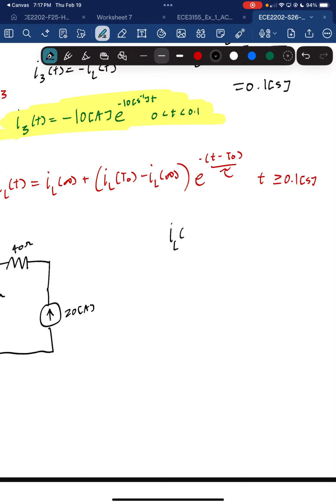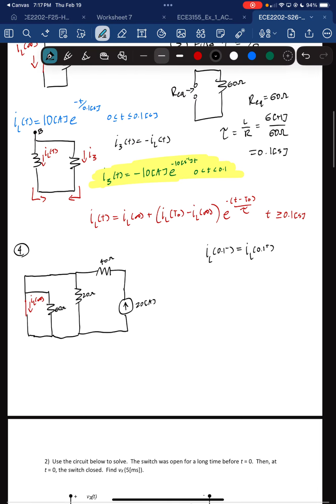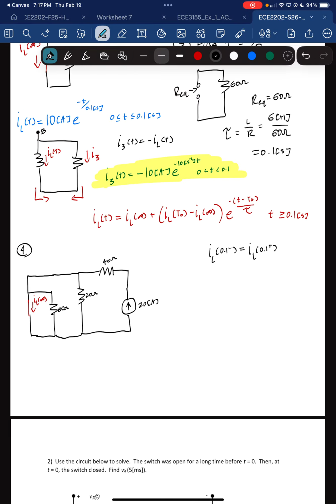The current through an inductor at 0.1 minus, as it approaches 0.1 from the left, is equal to IL at 0.1 plus, right after 0.1, as t approaches 0.1 from the right. We can say those values are equal because it cannot change instantaneously. Even though the switch at 0.1 is shifting, the current through that inductor has to stay the same for that instant, right?